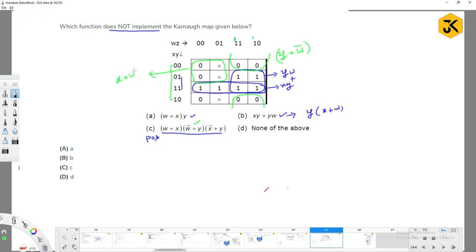I can say that w plus x. So this is also covering. And if you try to observe this one, right? Here between these two, x is changing, y is not changing, so I can say that y plus, on x-axis again z is changing, w is not changing.